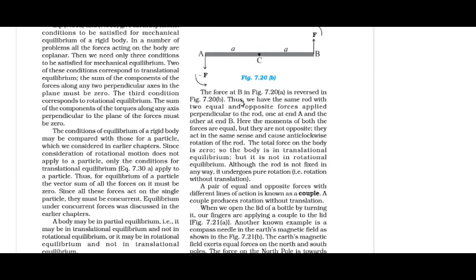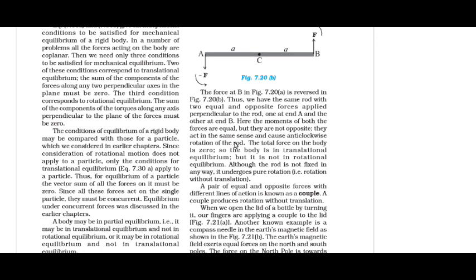The force at B in figure 7.20a is reversed in 7.20b. Thus, we have the same rod with two equal and opposite forces applied perpendicular to the rod, one at end A and the other at end B. Here, the moments of both the forces are equal, but they are not opposite.